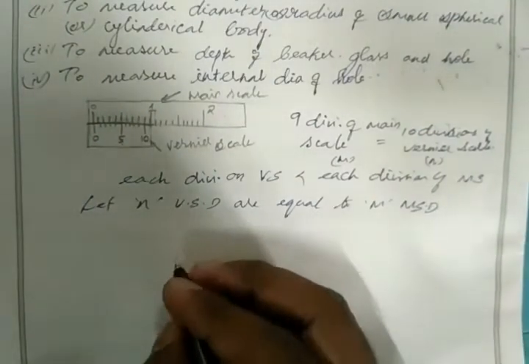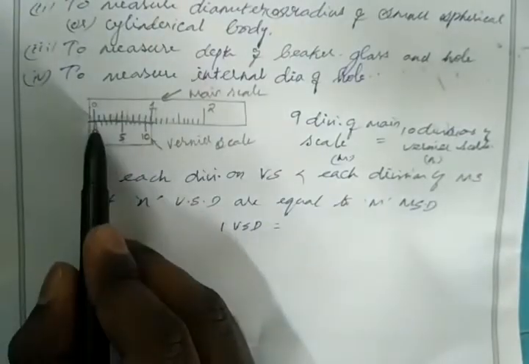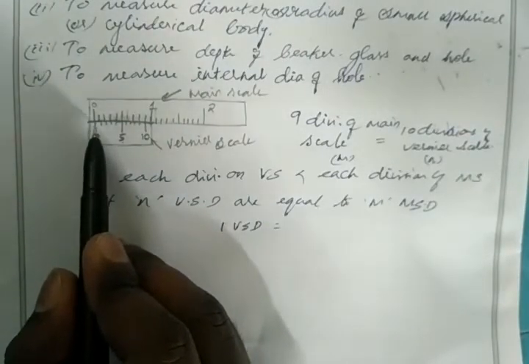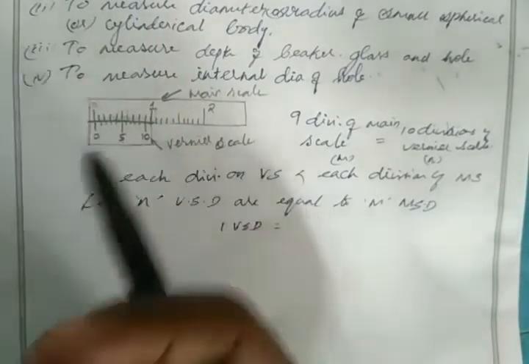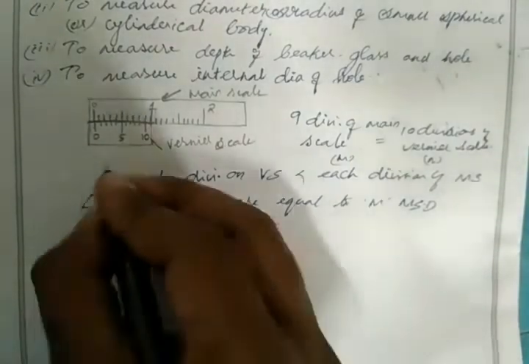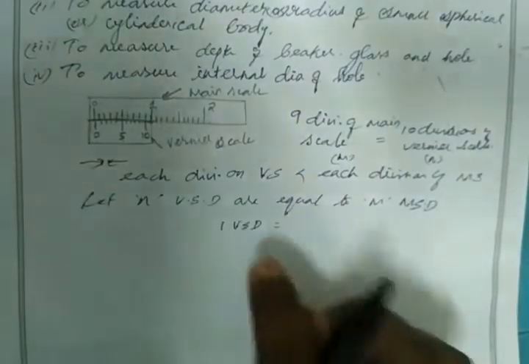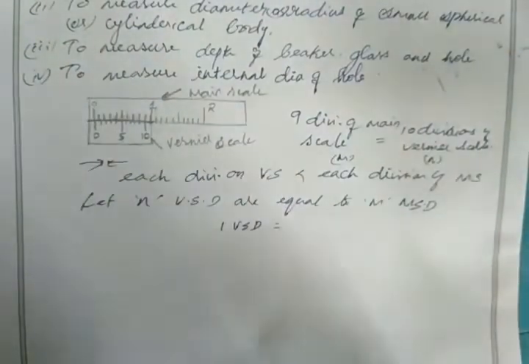We need the formula for 1 VSD, because we don't know the value between two lines of the vernier scale.